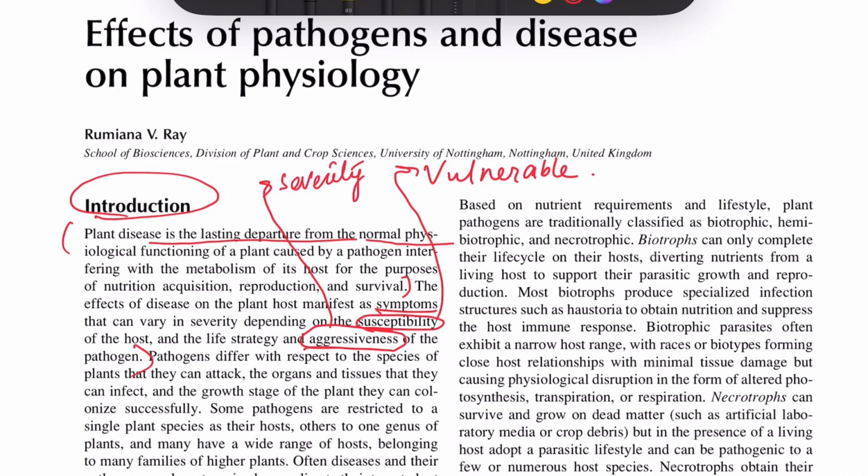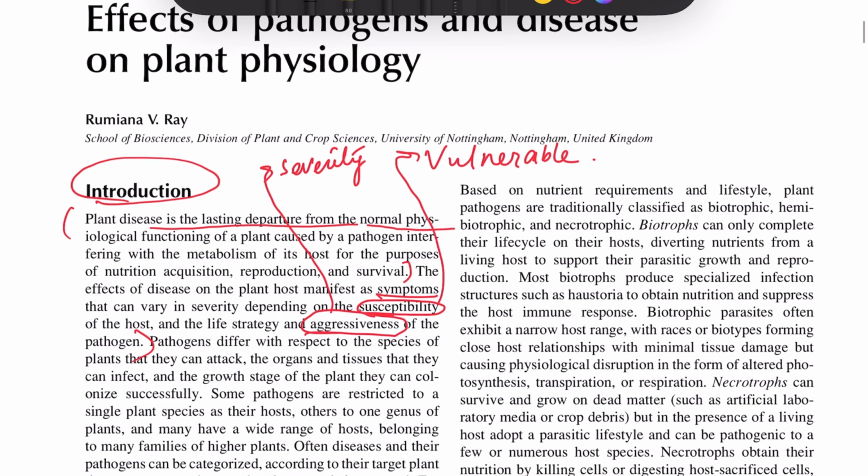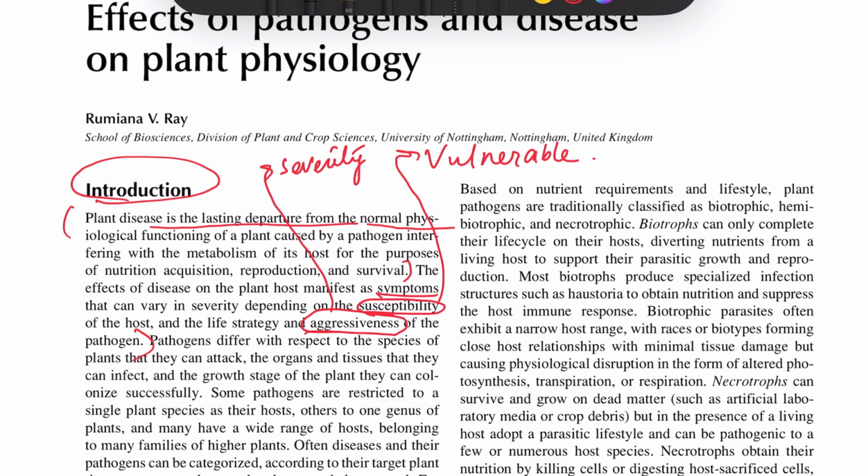It is measured how aggressive that pathogen is. So the host should be susceptible and the pathogen should be aggressive. We cannot say aggressiveness is the disease itself because it is just a quantitative unit to measure how severe a disease is. So okay, by that a disease is caused.